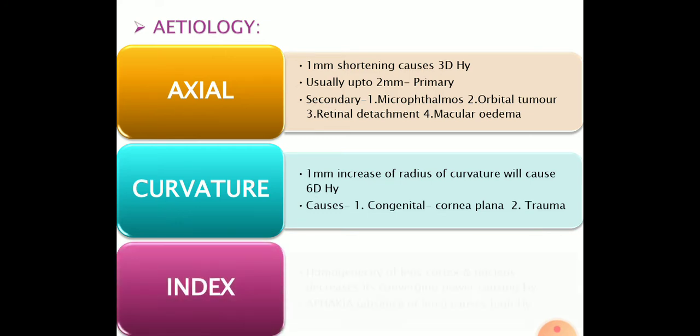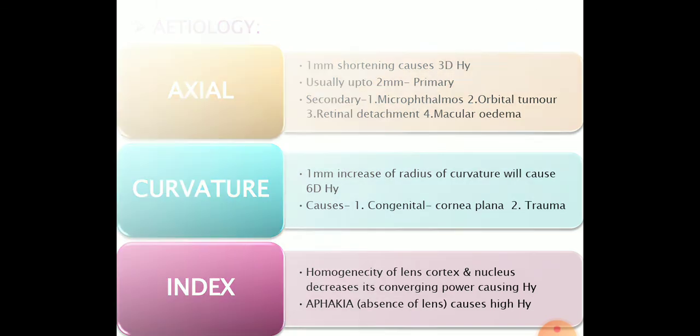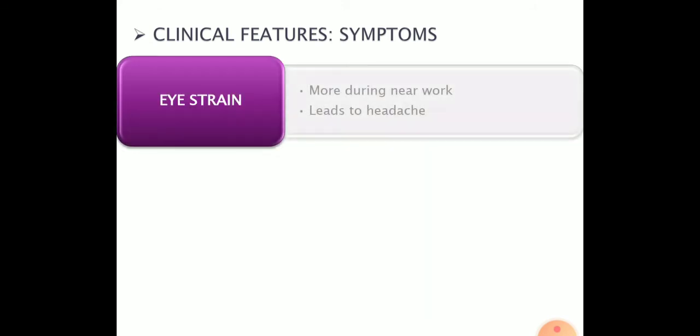Index hypermetropia. Homogeneity of lens cortex and nucleus decreases its converging power, causing hypermetropia. In aphakia, where the lens is absent from its normal position, it causes high hypermetropia. Clinical features. Symptoms: eye strain, more during near work, leading to headache.